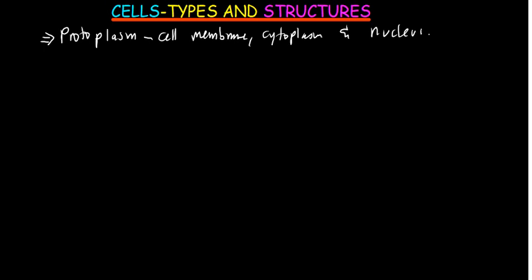So living organisms are either unicellular or multicellular. Just from the word uni, what do we think it's talking about? What does unicellular mean?